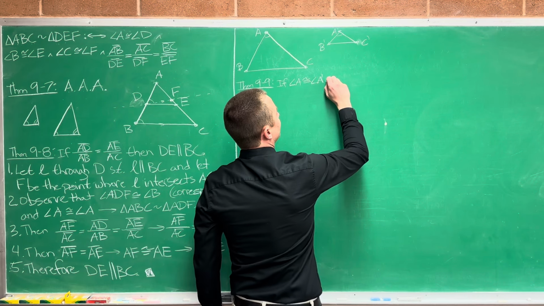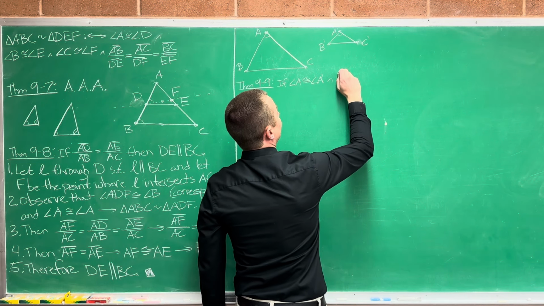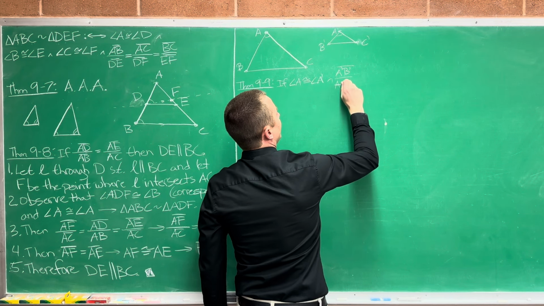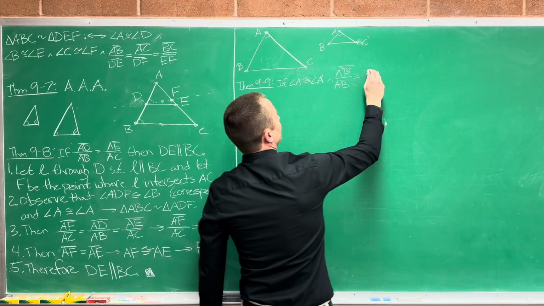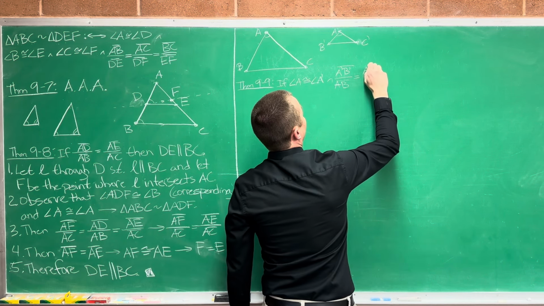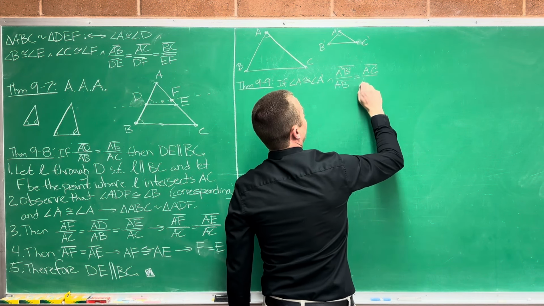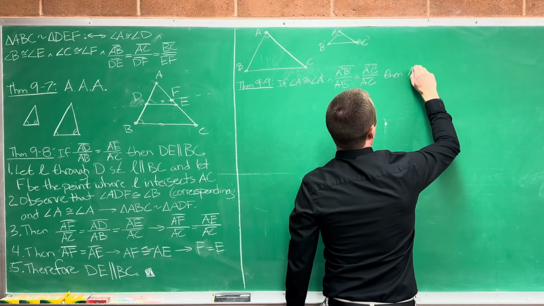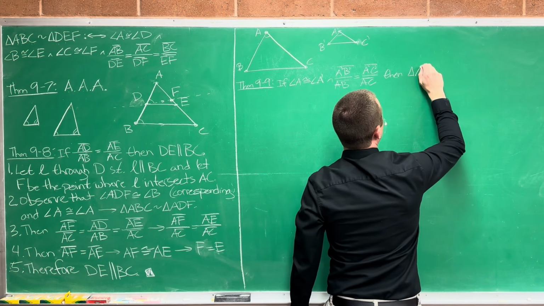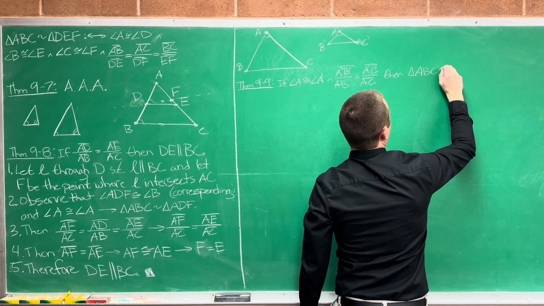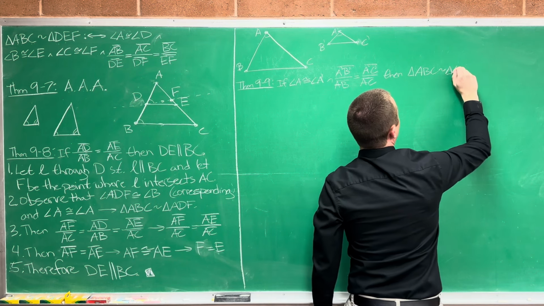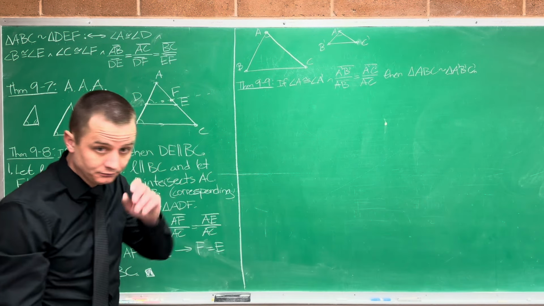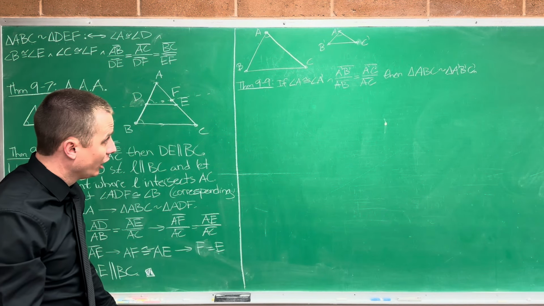So if we have that, and we have that A prime B prime's length over AB's length is equal to A prime C prime's length over AC's length, then we have triangle ABC is similar to triangle A prime, B prime, C prime, right? That's what we're trying to show.